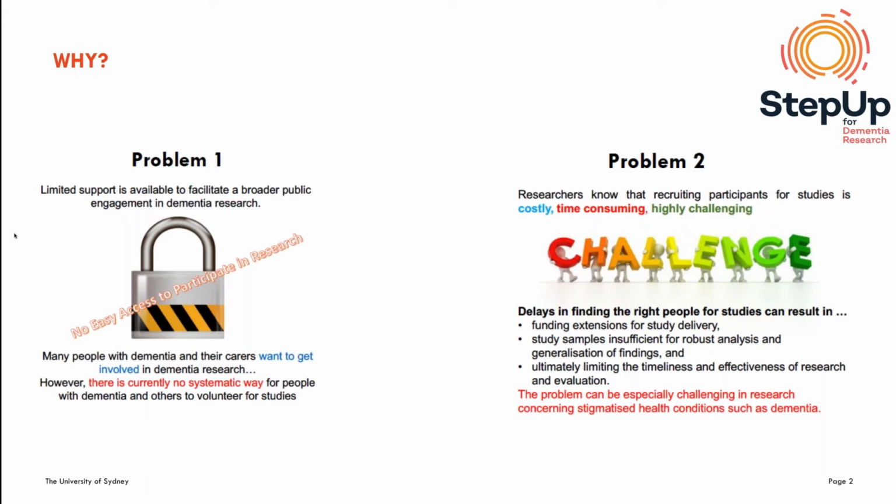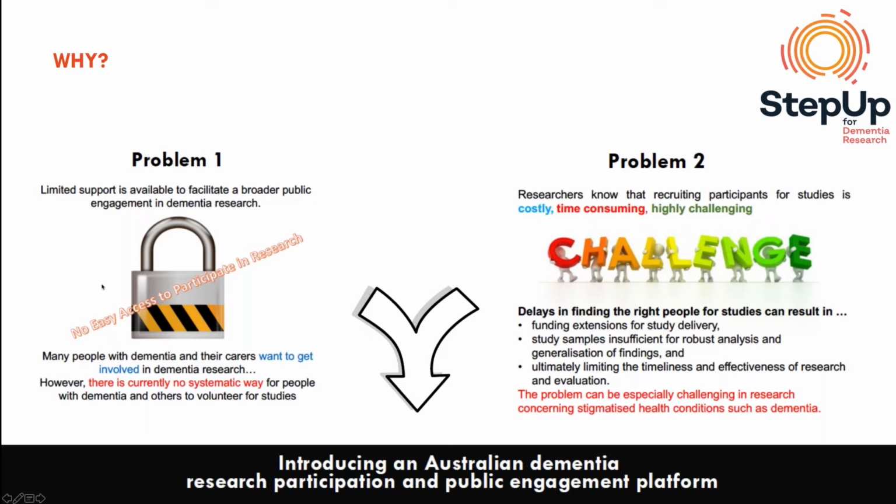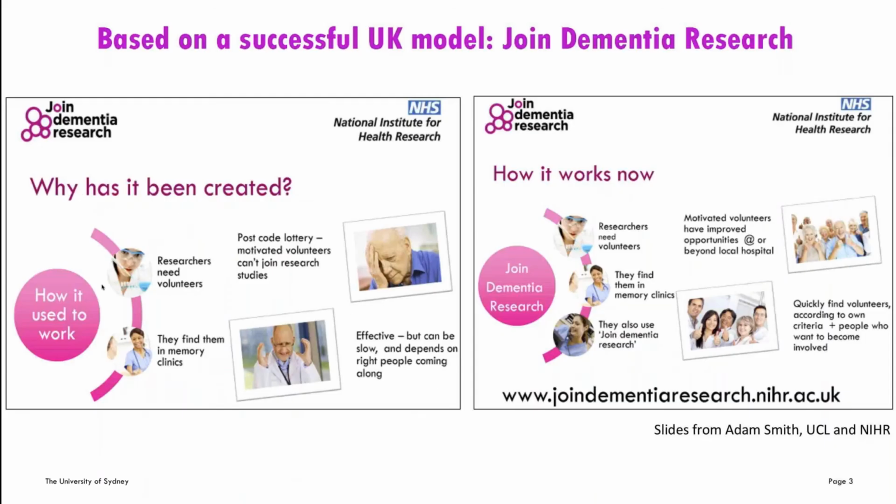So you can imagine the enormity of the cost associated with recruitment. That's why we really want to address this issue by introducing this Australian version of Join Dementia Research, which is really a research participation and public engagement program.